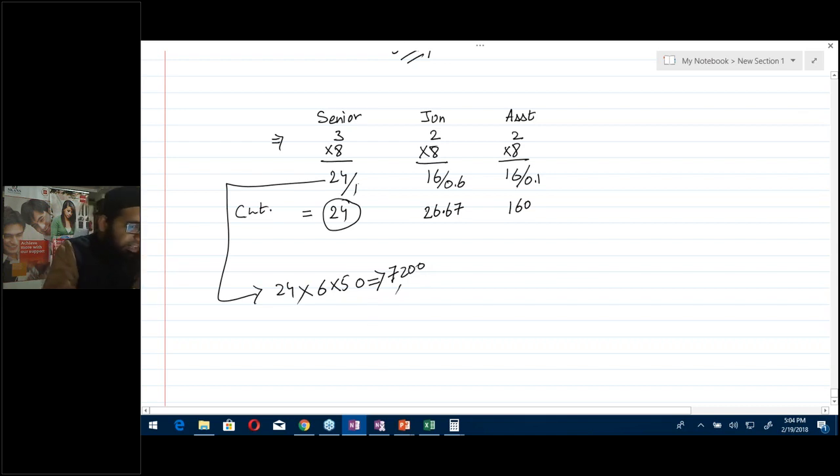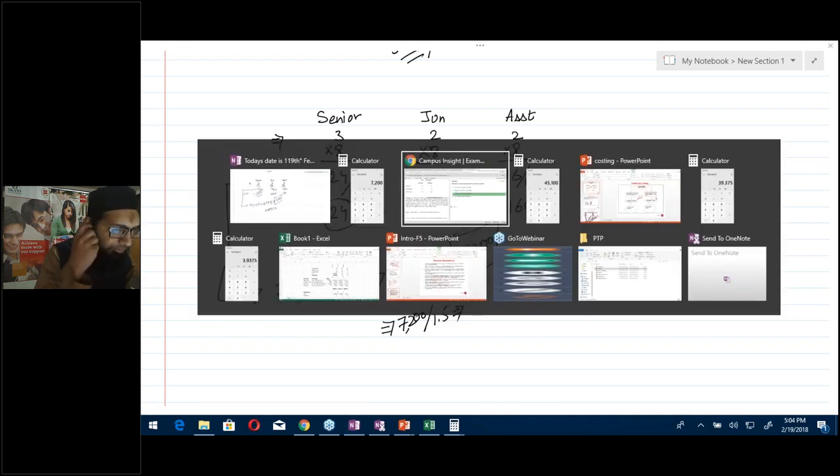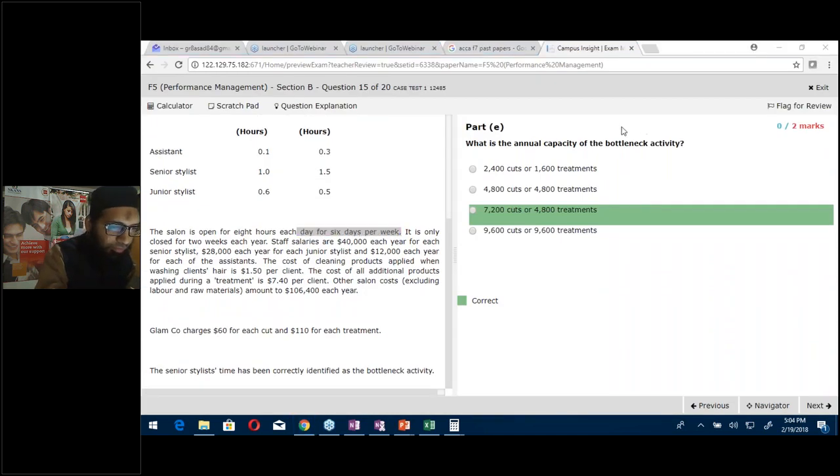Now, each senior stylist is taking 1 hour of cut. That means in the whole year, senior stylists can cut 7,200. And for treatment, from 7,200 hours, each took 1.5. So if I divide it, it will be 4,800. Yes, so this will be the answer.